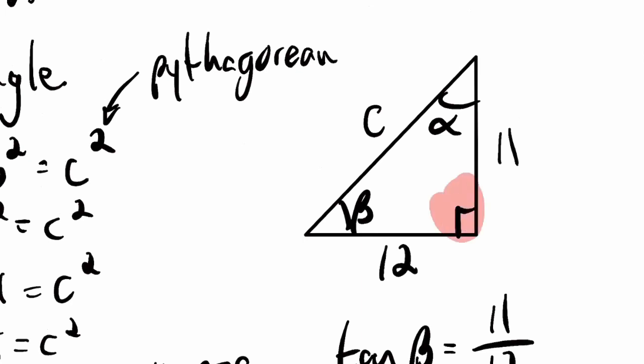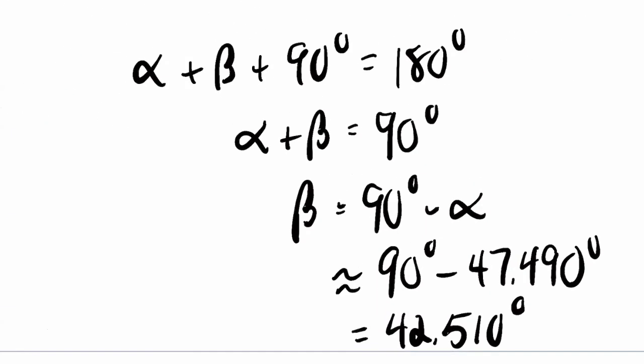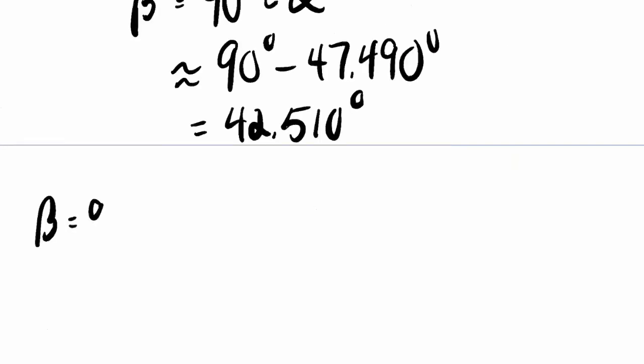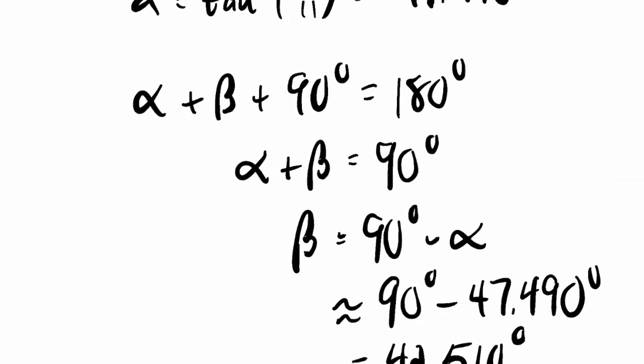And I know that 90 of it is already taken up here. So I know alpha plus beta is 90. So to do this in short form, I can say, oh, well, beta equals 90 degrees minus alpha. And that's basically cutting out having to write this part.